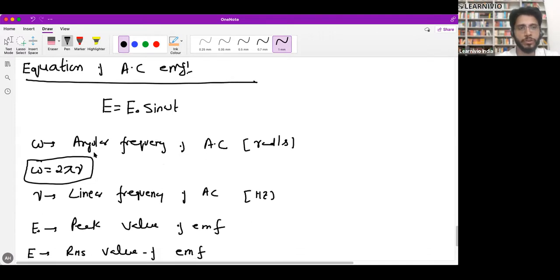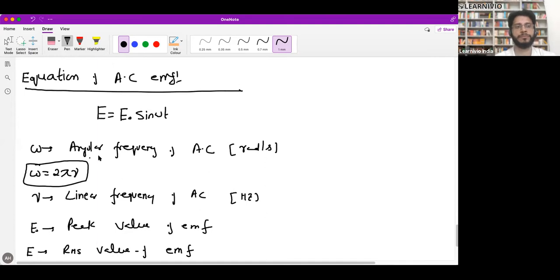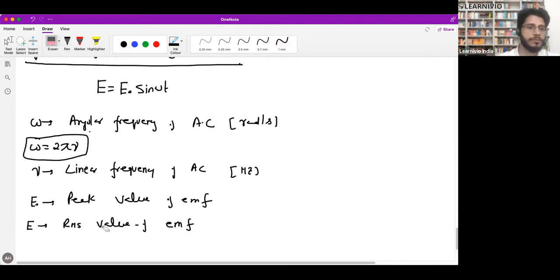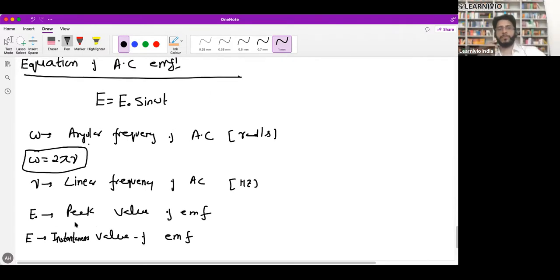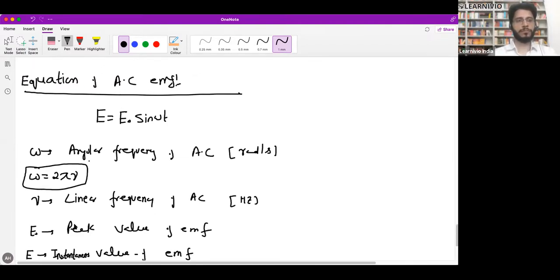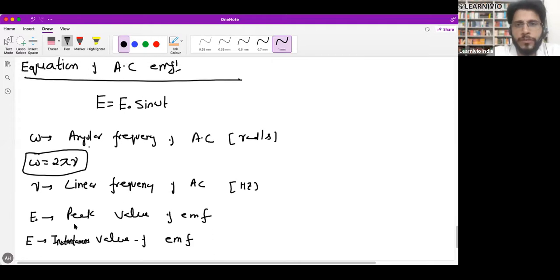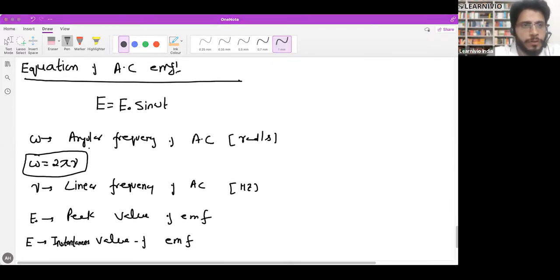We'll do one question on this equation only. Oh, sorry, E is not the RMS value. It is the instantaneous value of E. Note it down.